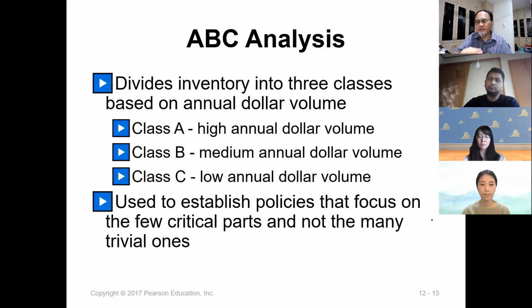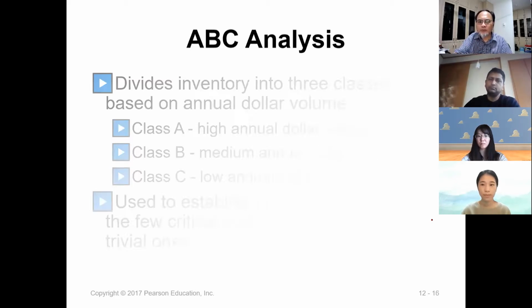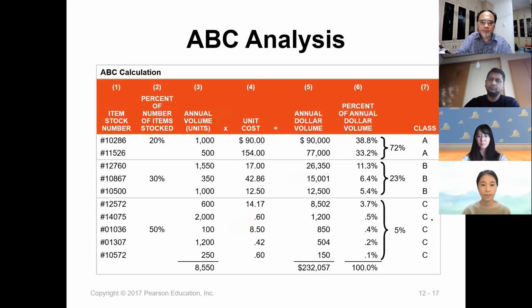For example, if it is very expensive, you must control how it is recorded in and out of the store. So this is why we need ABC analysis, and it's very simple and straightforward. You can put it into Excel and do the calculation there.